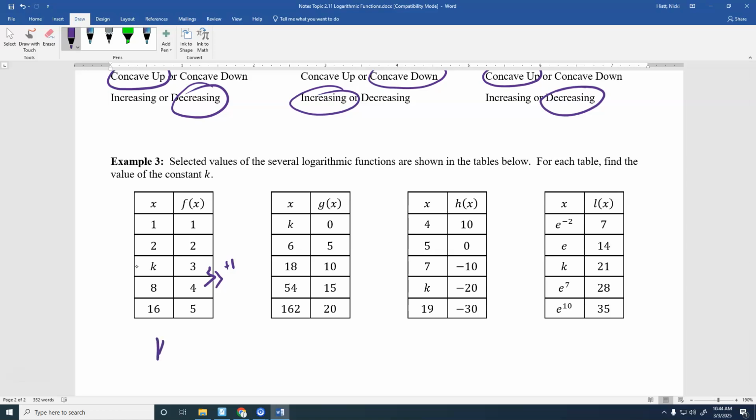That's what we should have right there to fill in. K is going to be 4. And then 4 times 2 is 8. 8 times 2 is 16. That'll fill in our pattern. Okay, so try the others. If they're a little bit tougher, try those others.